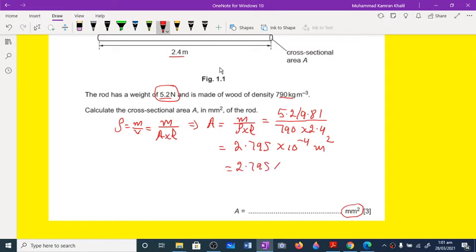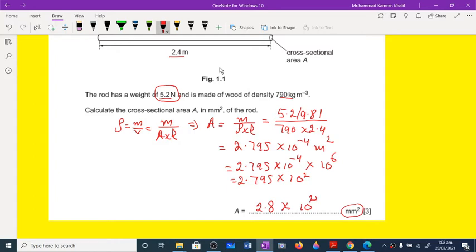Take 2.795 into 10 raised power minus 4, and when you convert meter square into millimeter square, you multiply it by 10 power 6. So at the end you will get the answer 2.795 into 10 power 2 millimeter square. But as you know, the answer must be written in 2 SF, and by rounding off we get 2.8 into 10 power 2 millimeter square.